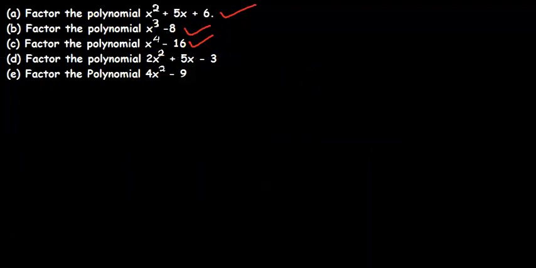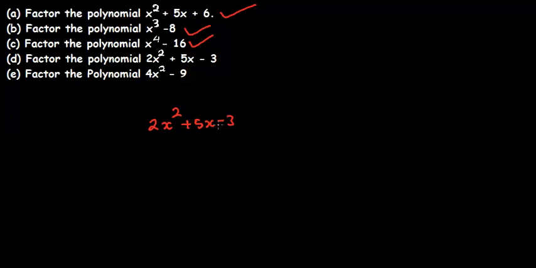Next thing we have here is to factor the polynomial, which we are given as 2x^2 + 5x − 3. How can we solve this problem? In this case, we are simply going to factor the quadratic polynomial, right?